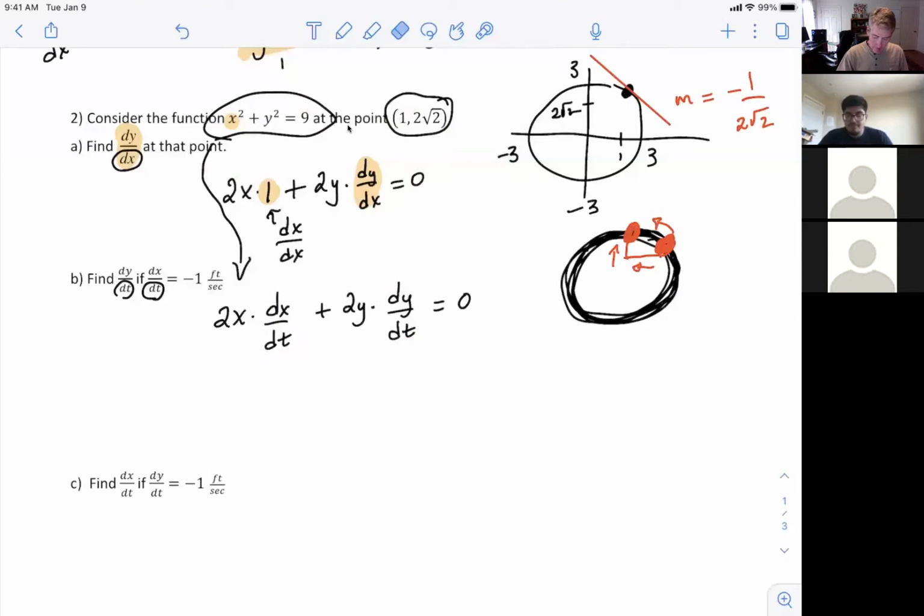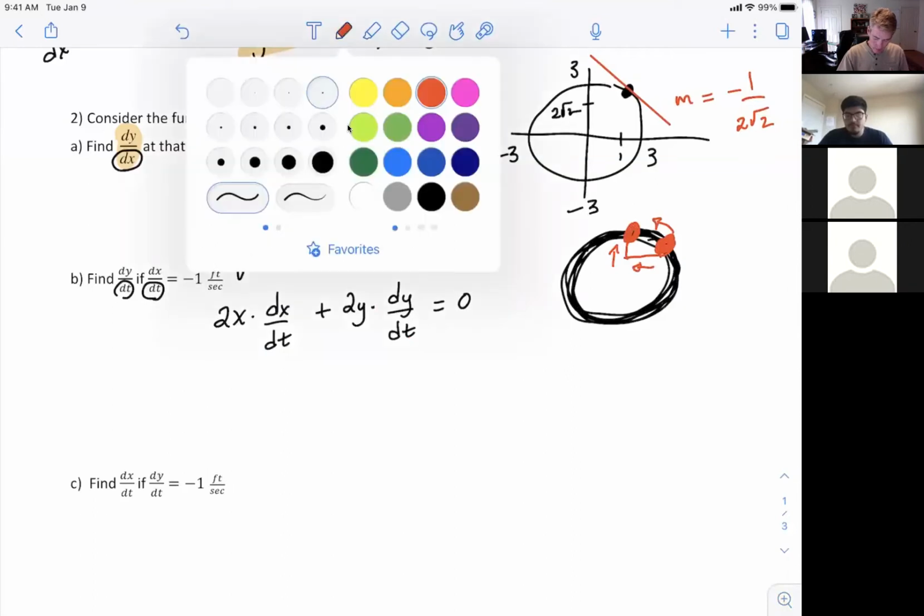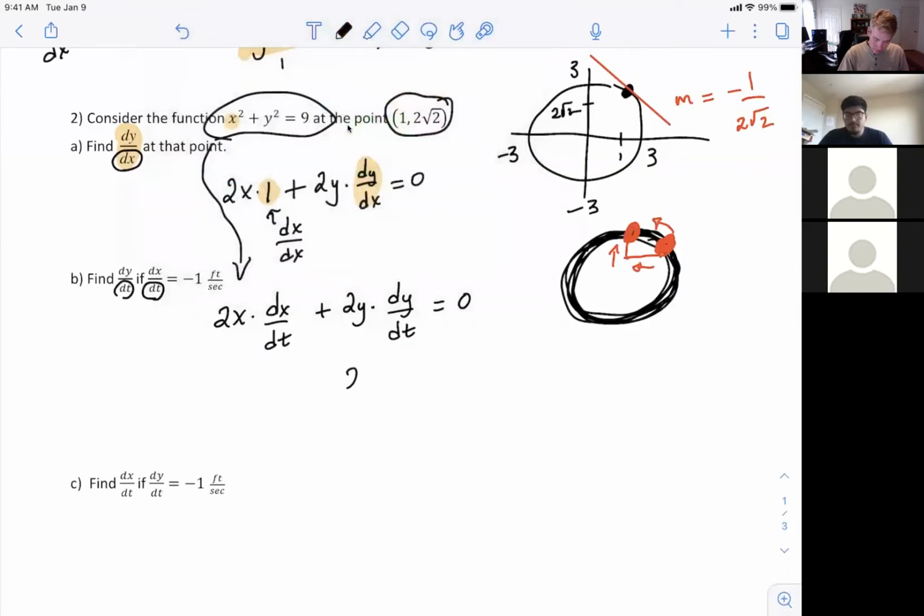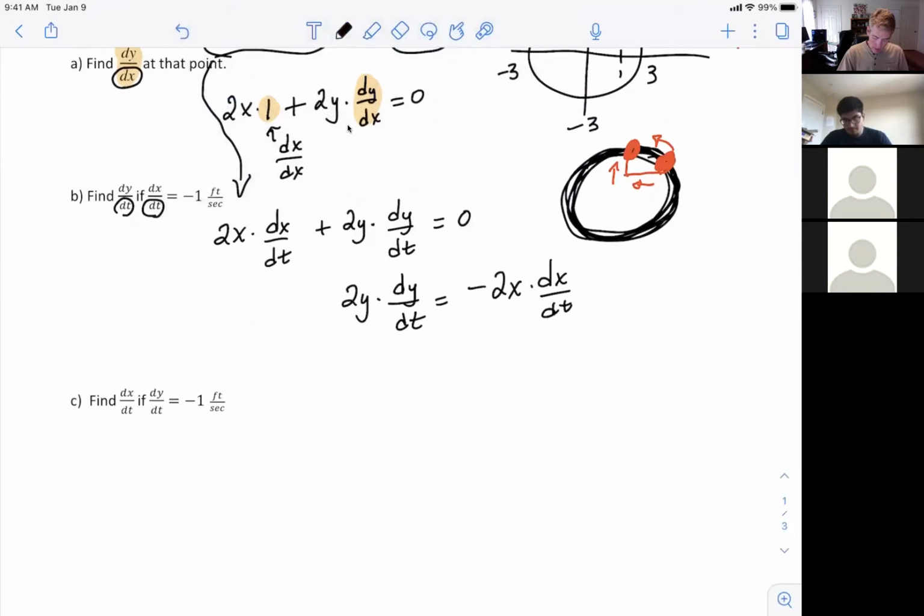Okay, so then, like last time, solve for dy/dt. So I could leave the 2y dy/dt here, and then subtract 2x dx/dt from both sides. And then to solve for dy/dt, just divide both sides by 2y.